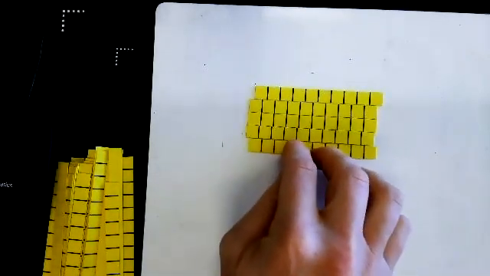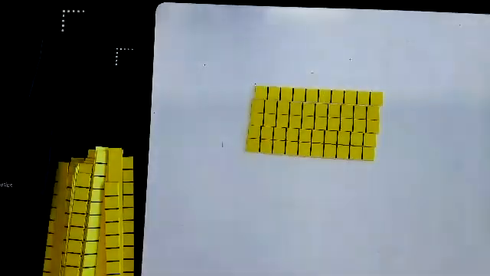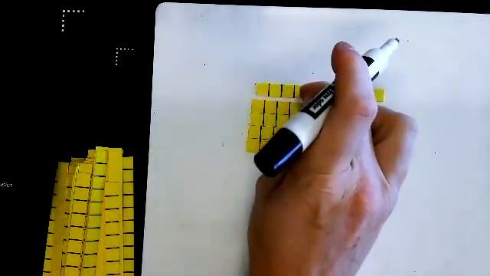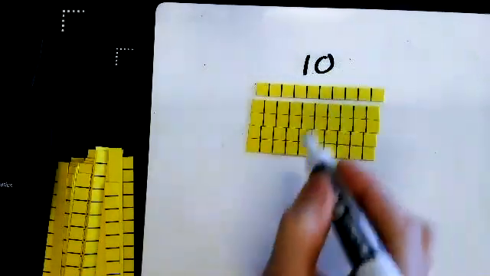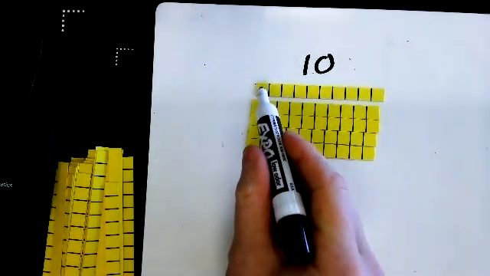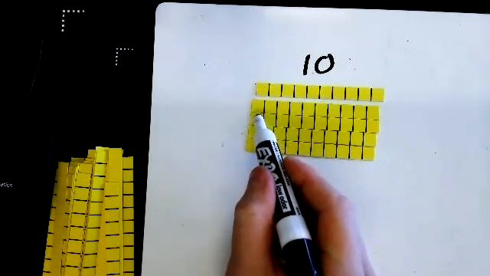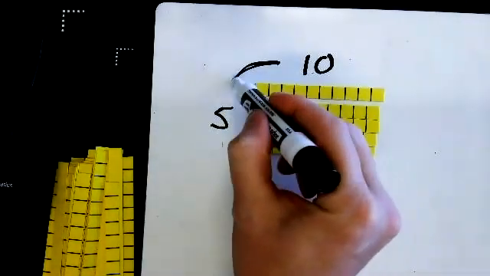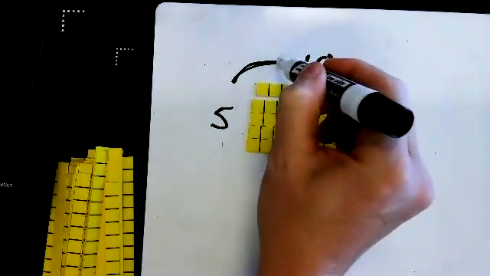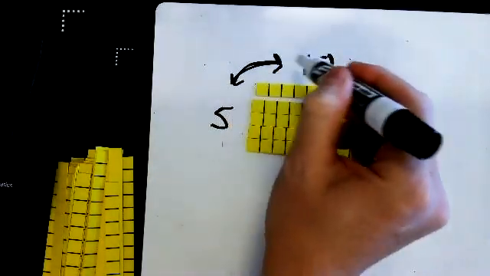And it's just flipped sideways. So now my strip is here. Now I have my 10s going across, so 10 is now at the top. And now I need to count my units across here. 1, 2, 3, 4, 5. 5.